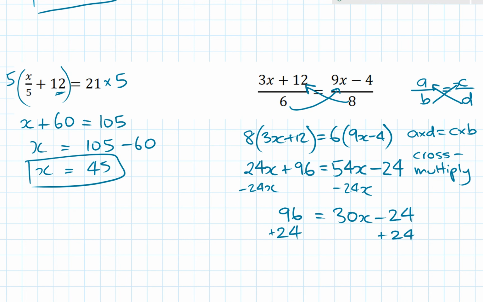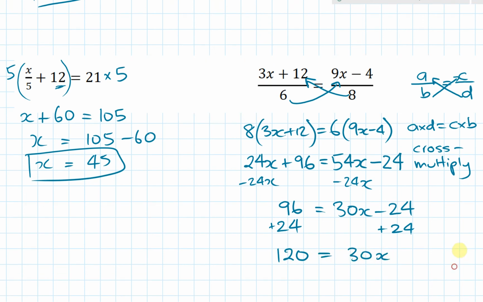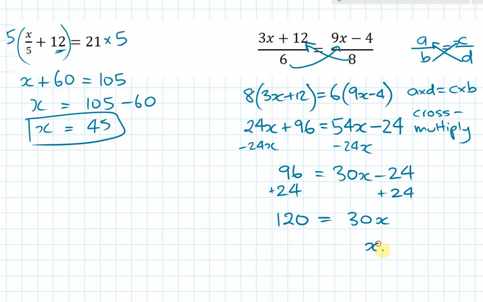Okay, so I get 120 is equal to 30x. So x is equal to, dividing both sides by 30, 120 divided by 30 gives me 4.